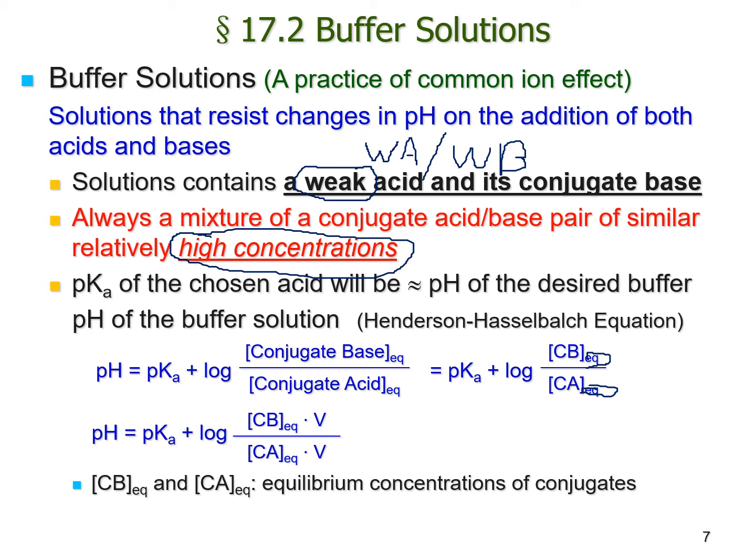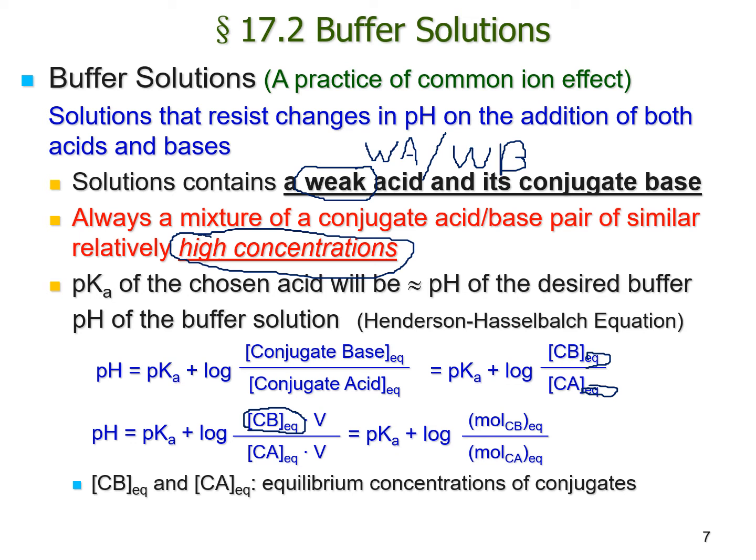Remember, the square bracket means molarity, moles per liter. Multiply by the volume, that means moles. So another variation of the HH equation is pH equals pKa plus the log of moles of conjugate base divided by moles of conjugate acid at equilibrium.